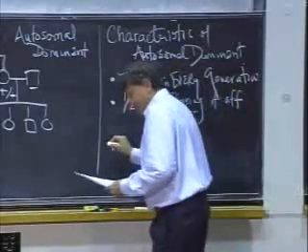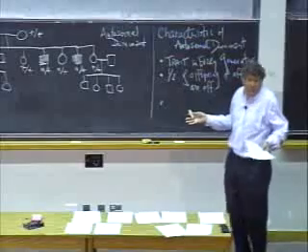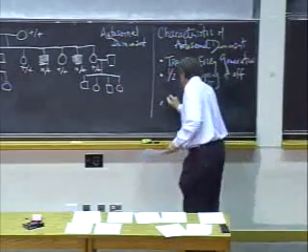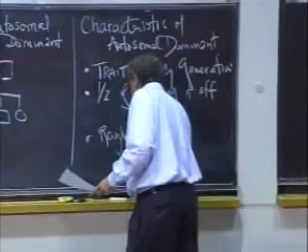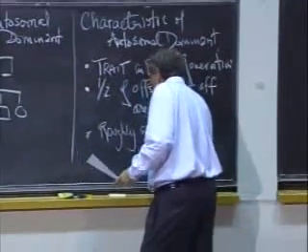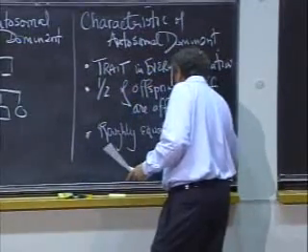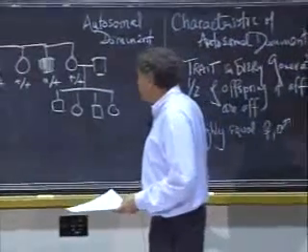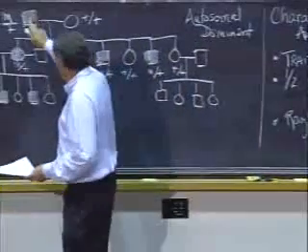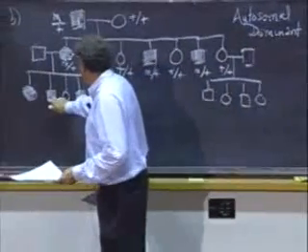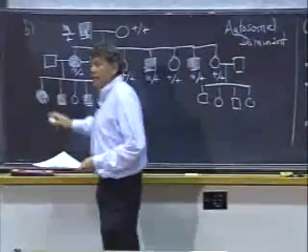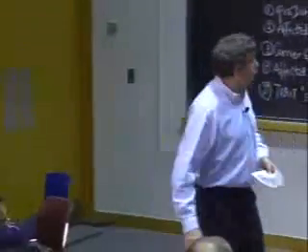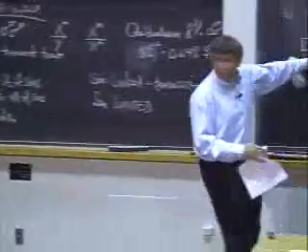What else? Males and females, roughly equal in males and females. Sorry? Two male, 1, 2, 3, 4, 5 to 2. So it's a 5 to 2 ratio? Oh, in the offspring, it's a 2 to 1 ratio.